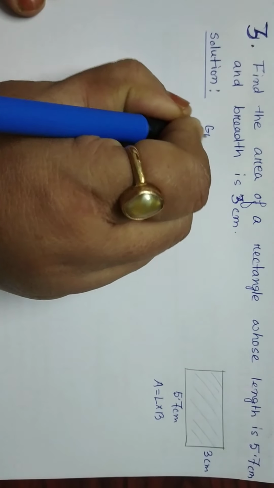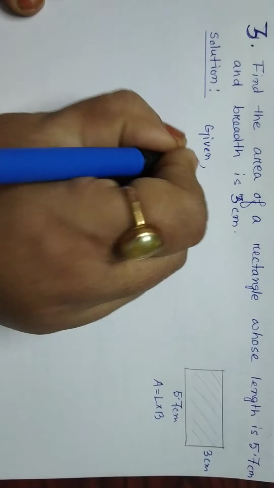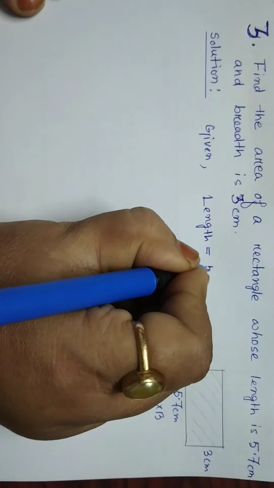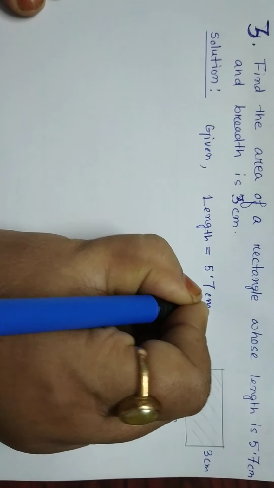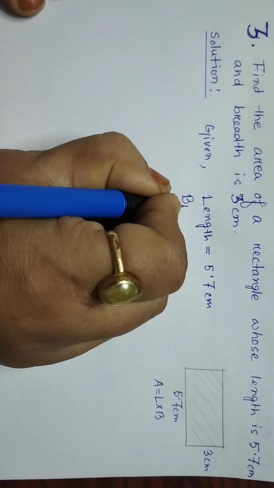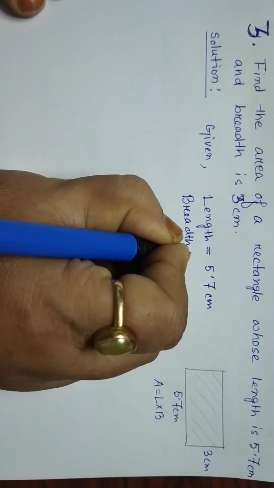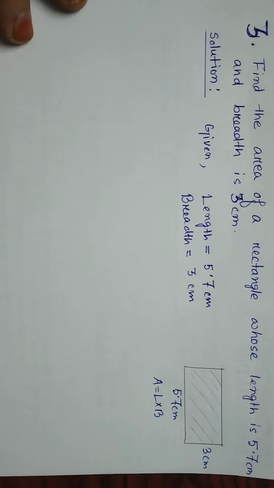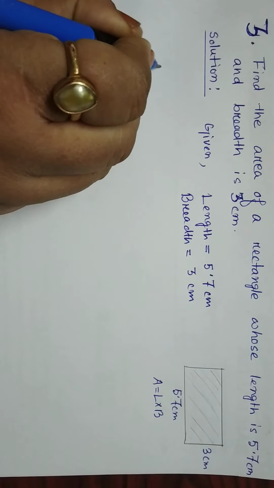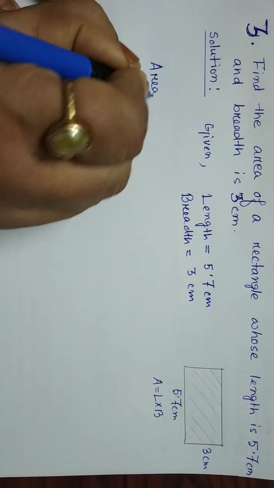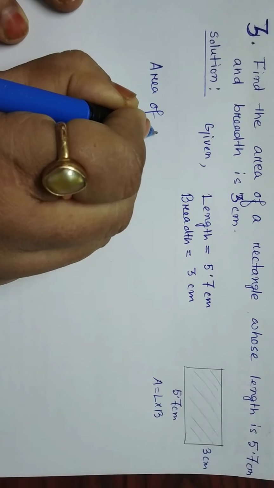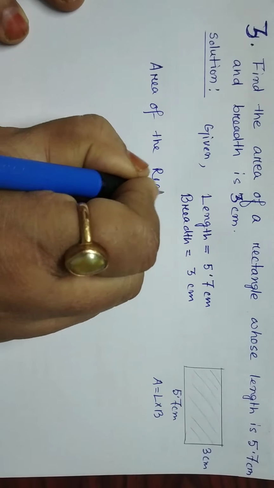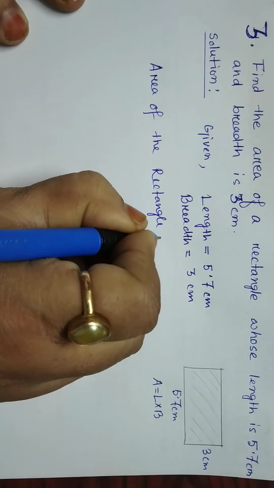Here, what is given? The length of the rectangle is 5.7 cm and the breadth is 3 cm. Now we find the area of the rectangle. Area of the rectangle is equal to what?